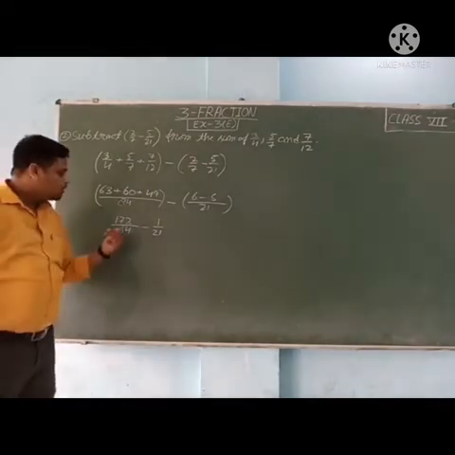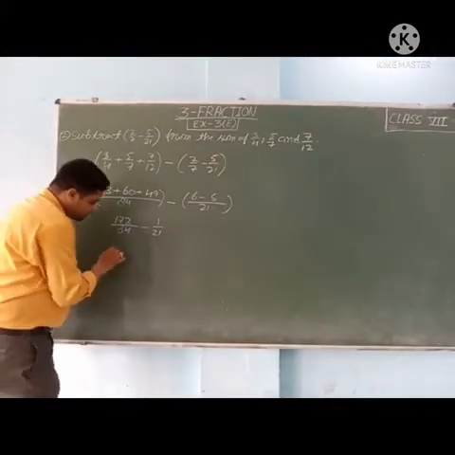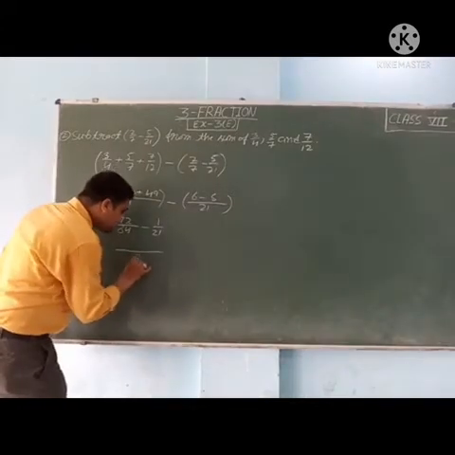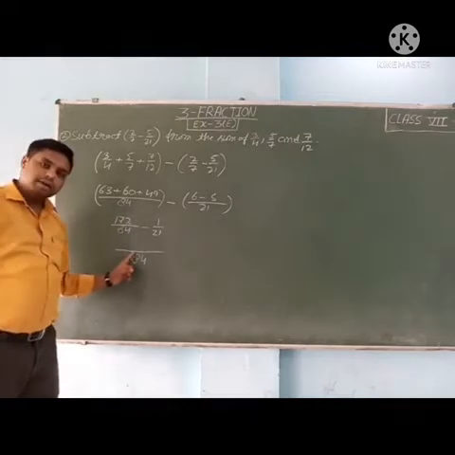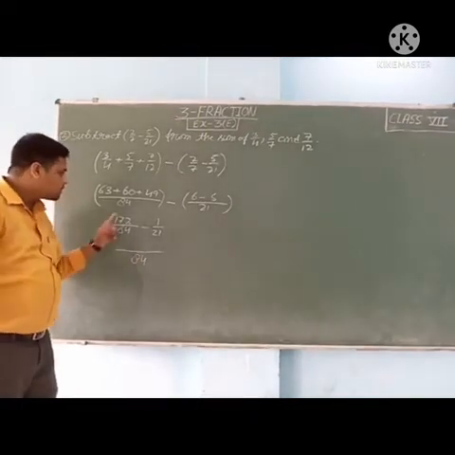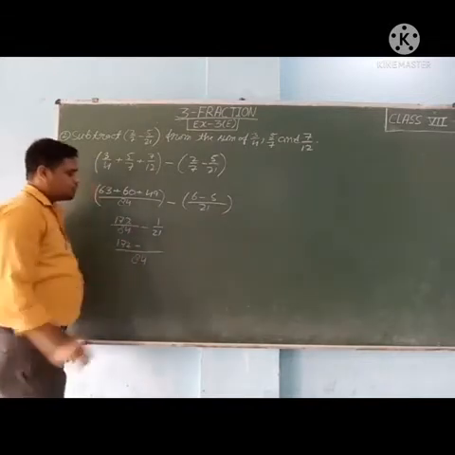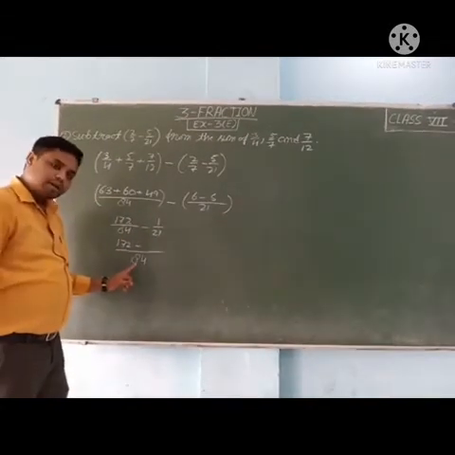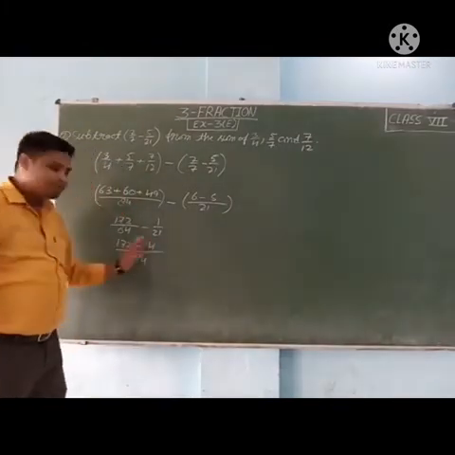Now we will take the LCM of 84 and 21 to subtract this. LCM will come 84. 1 into 172, 172. Then minus 21 4s are 84. So now we will subtract this.